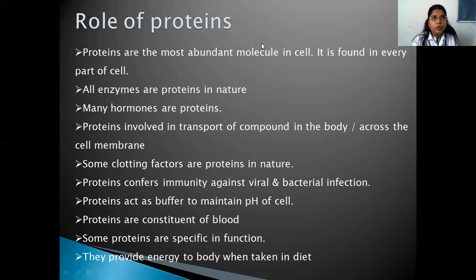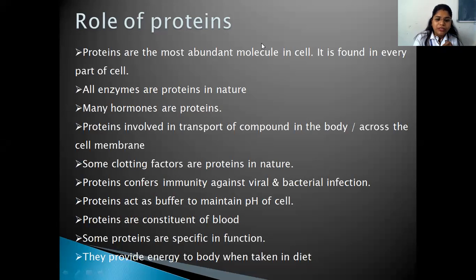If we consider this point, we'll take the example of hemoglobin. Hemoglobin transports oxygen from the lungs to the other body tissues. Then, some clotting factors: what is important for clotting? Fibrinogen.